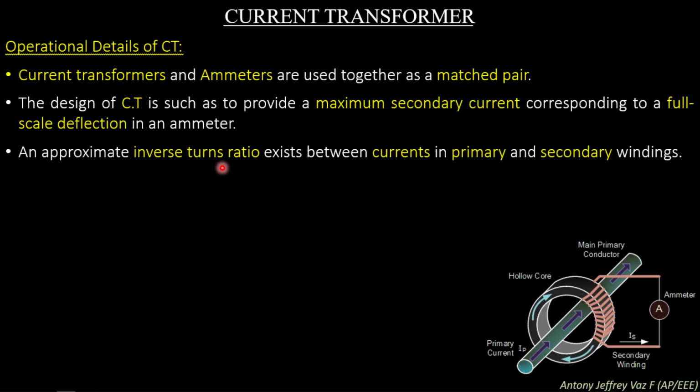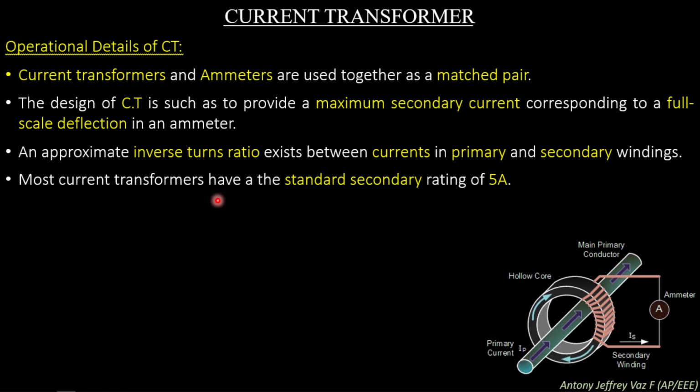Then only we can find the main current flowing in the primary conductor. So if we measure the current in the ammeter and use the mathematical formula, we can directly find the main current flowing in the primary conductor.